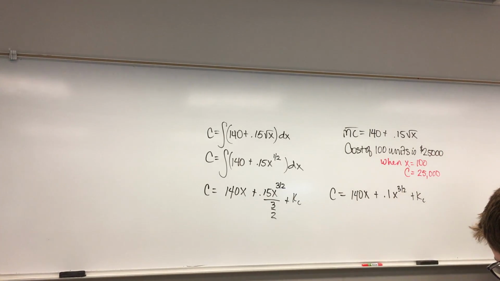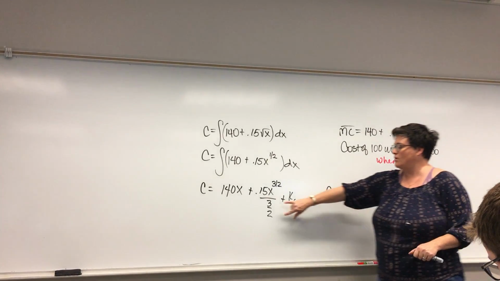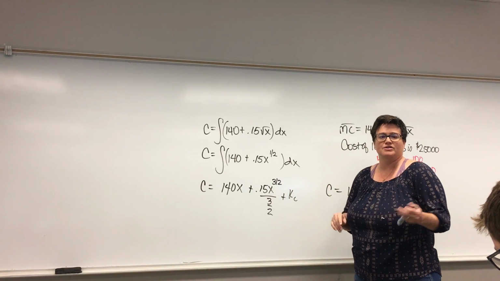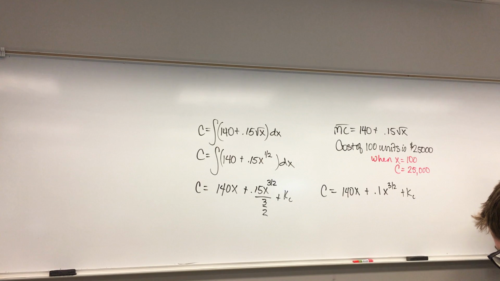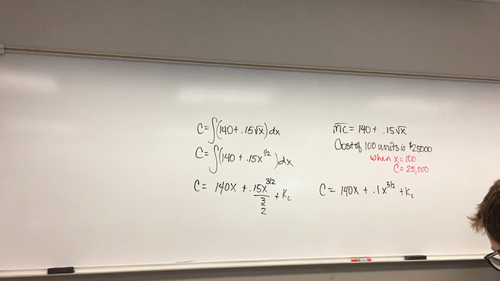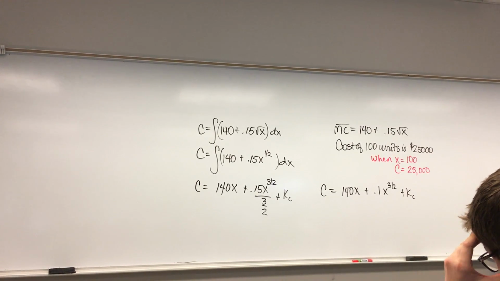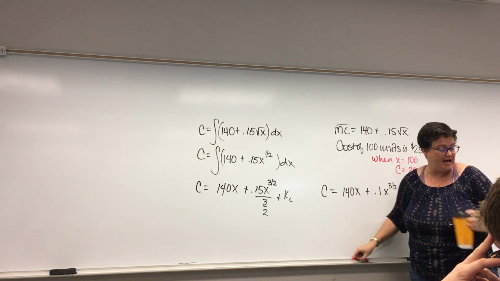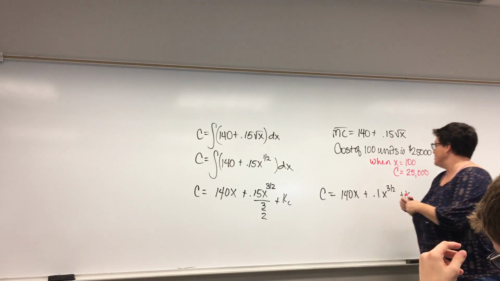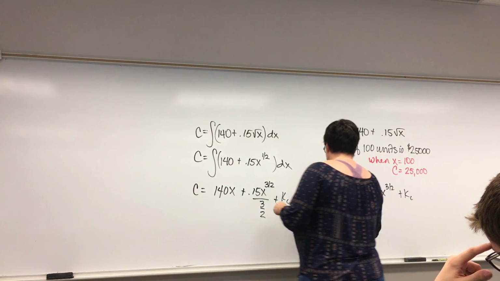Yep, I just inverted and multiplied. Okay, groovy. So what do I do next? Now you find for k. Now I plug in my nugget and I use that to find k. That's right. Groovy.